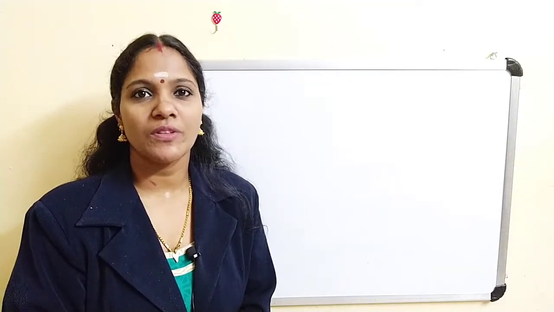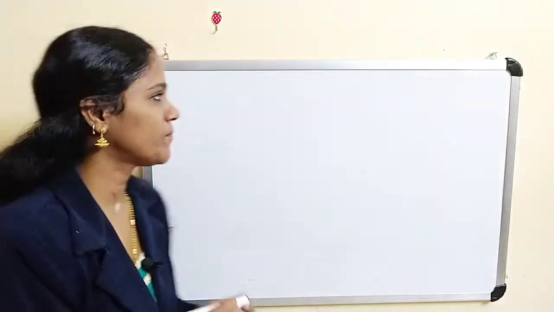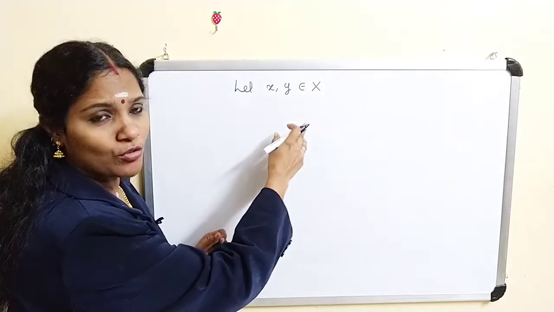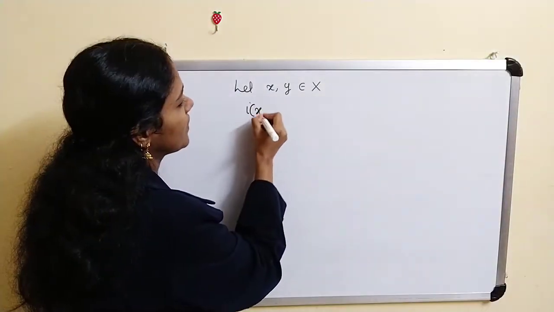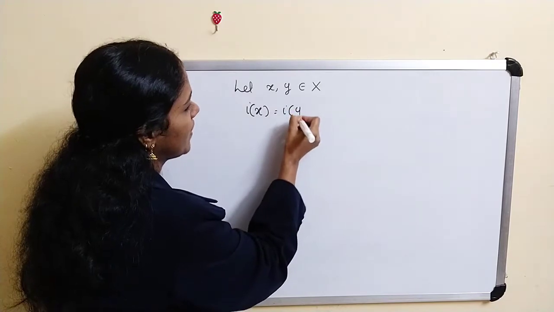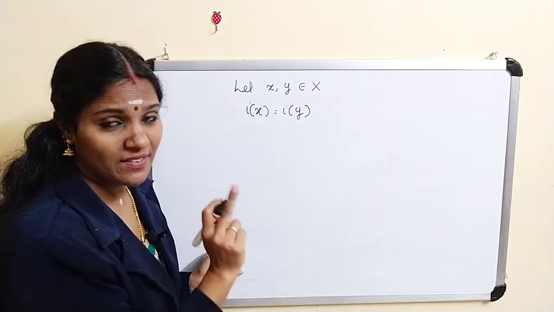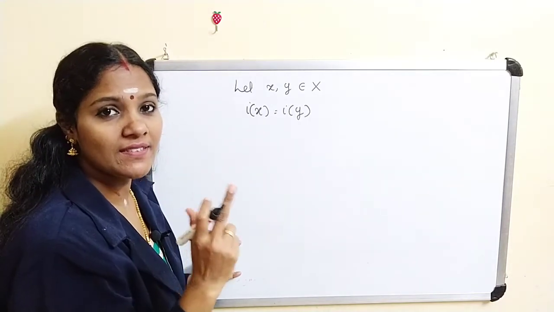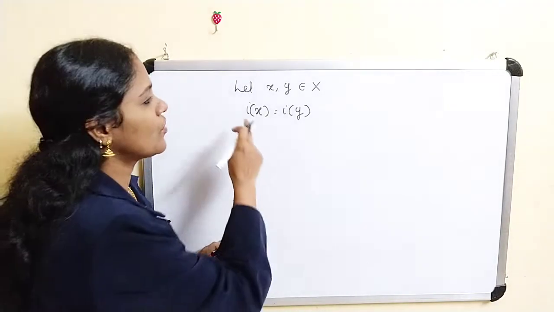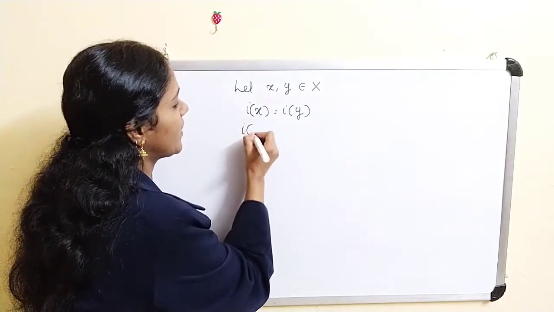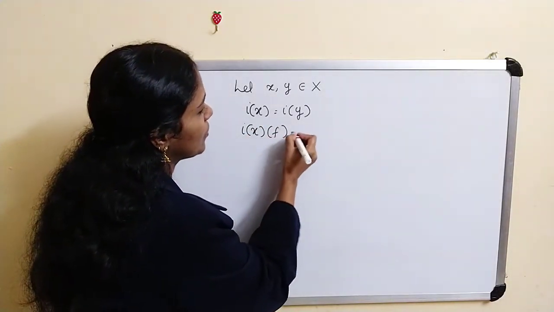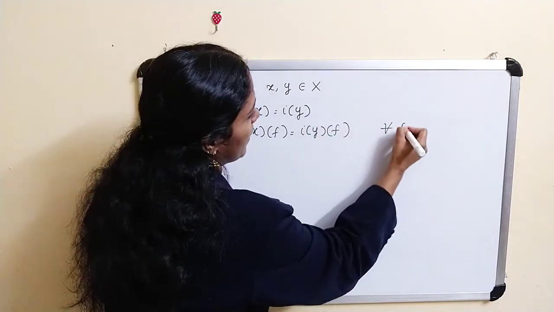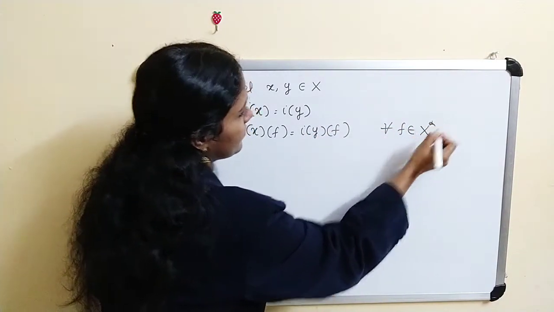Now we are going to prove this map is one to one. Okay. Let x comma y belongs to x be such that I of x equal to I of y. Now what is the meaning of that? Clearly I of x is a function. Okay, I of x is a linear function. Therefore, two functions equal means I of x of f is equal to I of y of f for every f belongs to x star.